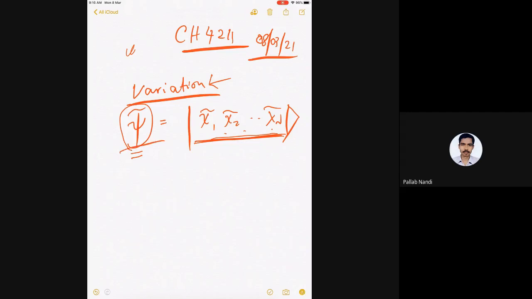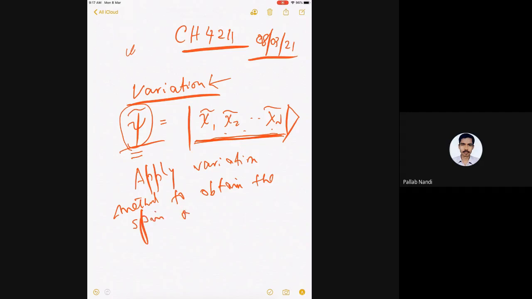We first write the determinant as a determinant of n spin orbitals and then apply the variation method to obtain the spin orbitals. Then by the variation method, we will know that the energy is the closest to the ground state energy. So I can say that this single determinant is the best.